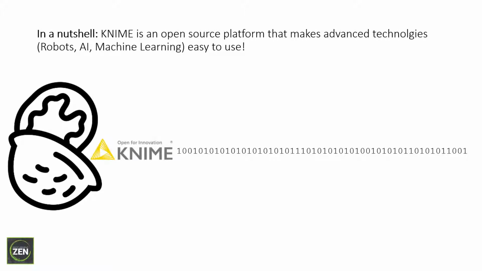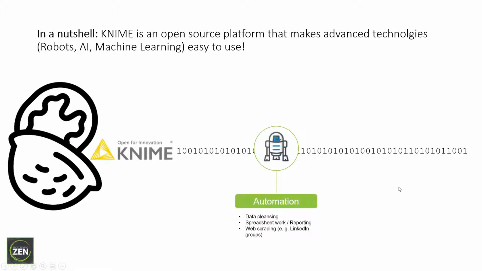The very first one is something we have already talked about in episode 1, and that is automation. With Knime, you could do a lot of data cleansing, a lot of exchanging commas with dots, spreadsheet work, and automated reporting. You could also automate web scraping, for example, for supplier analysis and this kind of stuff.